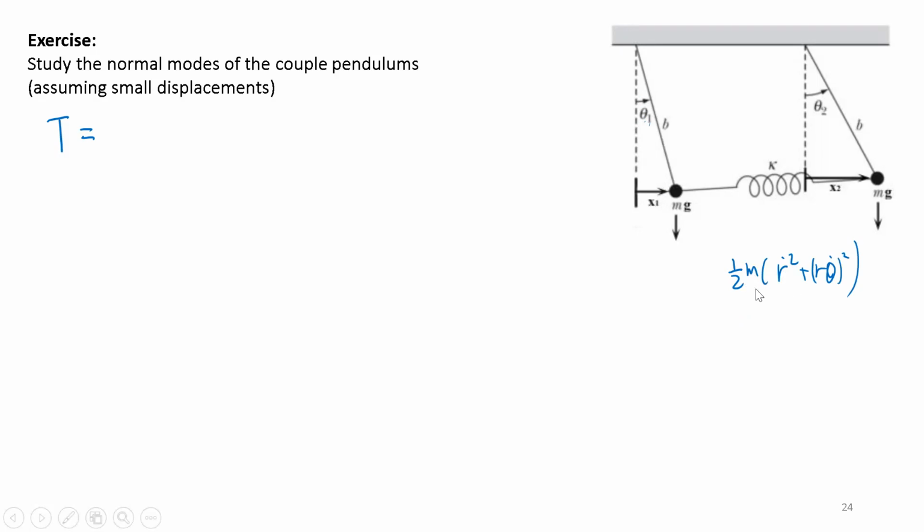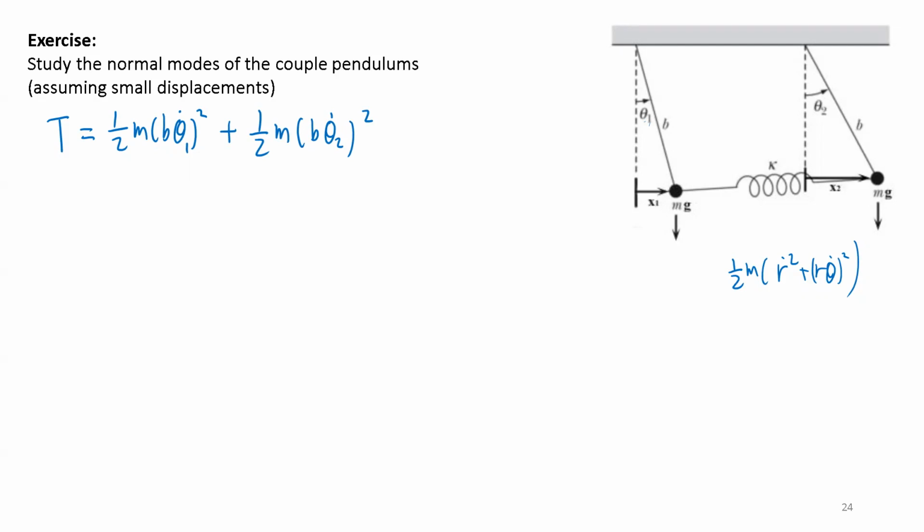Therefore, the term we have is just 1/2 m b squared theta 1 dot squared. That's the kinetic energy for the first one, and for the other one, of course, just 1/2 m b squared theta 2 dot squared. So that's it for the kinetic energy.